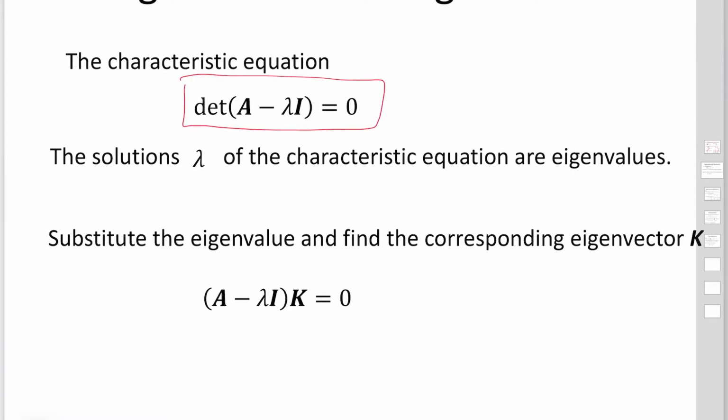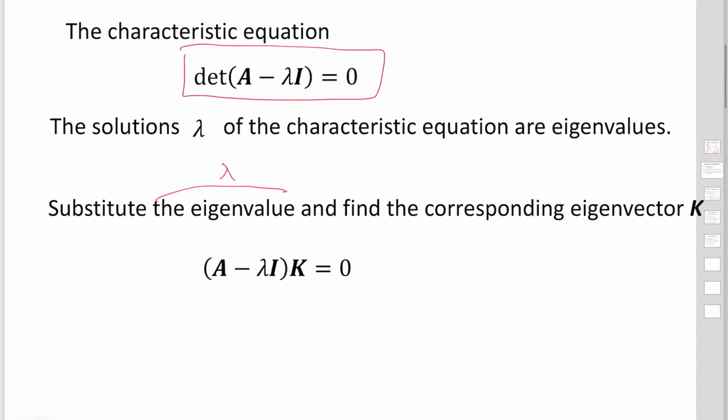We can substitute each eigenvalue lambda into the original equations, then find the corresponding eigenvector K by solving these equations. So this is the method to determine the eigenvalues and the eigenvectors.